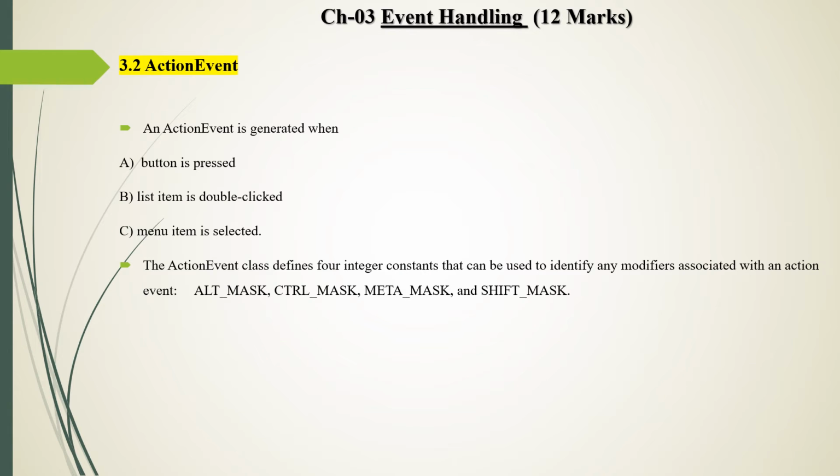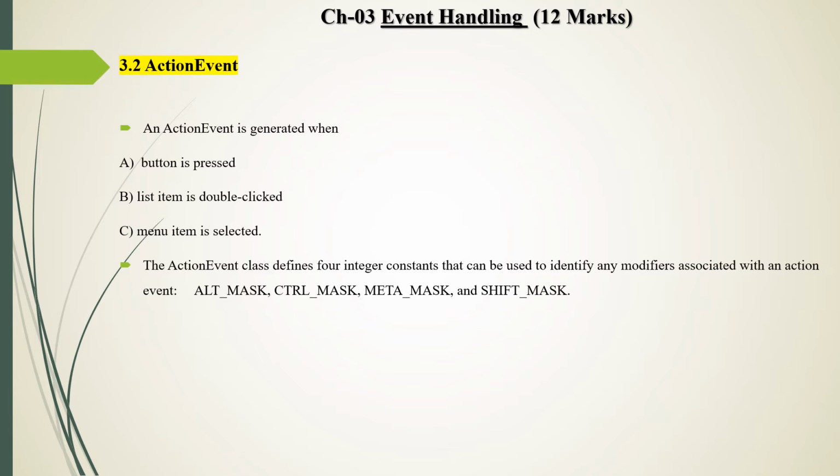The action event class defines four integer constants that can be used to identify any modifiers associated with an action event. So there are four integer constants: ALT_MASK, CTRL_MASK, META_MASK, and SHIFT_MASK. These all are keys on the keyboard: alt key, control key, meta key, and shift key.